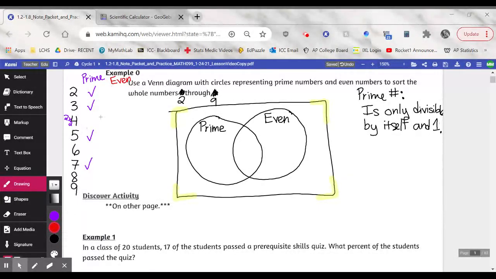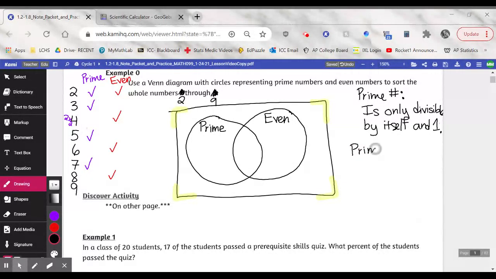The ones that are even are the ones that are divisible by 2, so multiples of 2. So 2, 4, 6, and 8. All of those are even. Now, you don't have to do all of this for all of the problems that you have with the Venn diagram. You'll usually get the hang of it. What I'm going to do here is list the different categories.